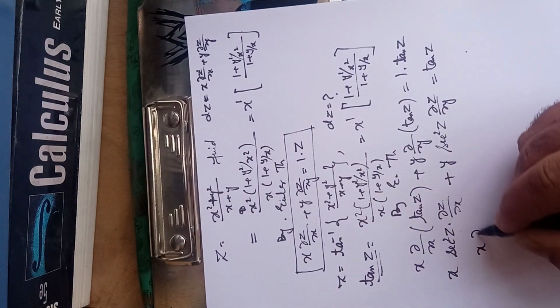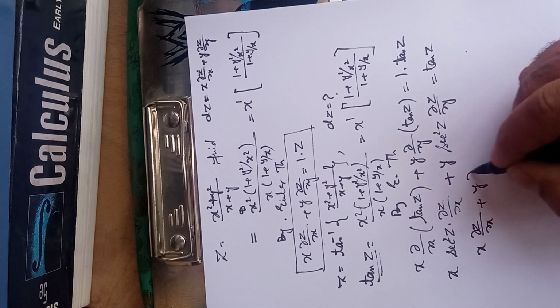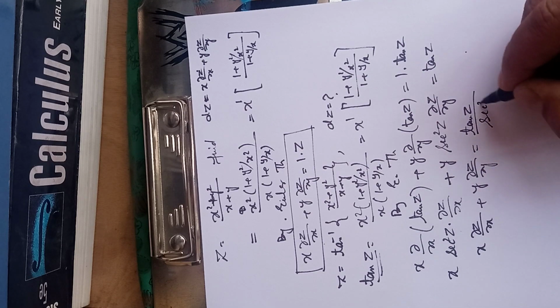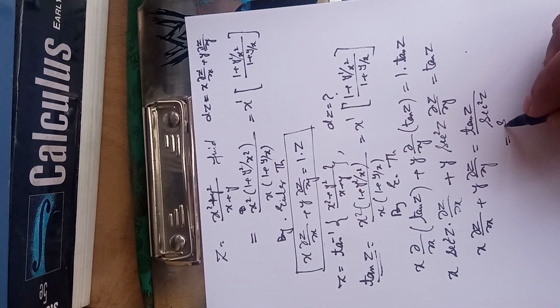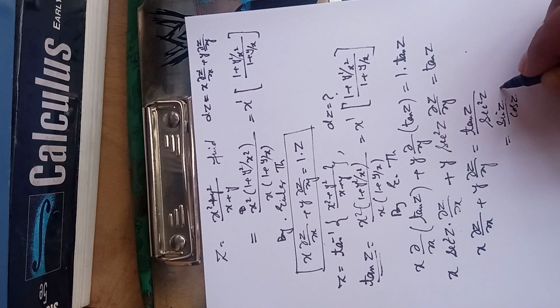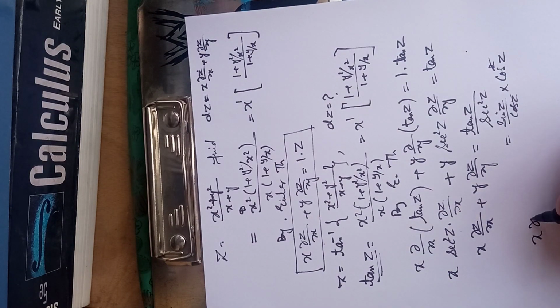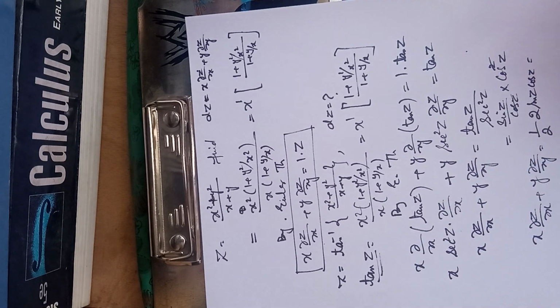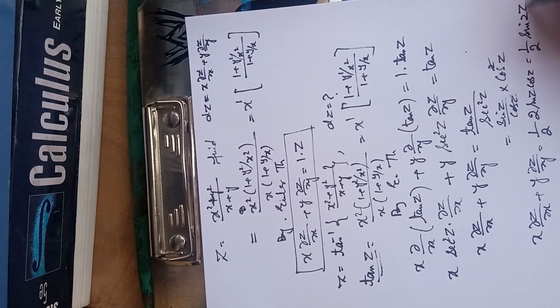So you have x del z by del x plus y del z by del y is equal to tan z by sec square z, which is sin z by cos z times cos square z. So x del z by del x plus y del z by del y is 1 by 2 times 2 sin z cos z, which is 1 by 2 sine of 2z. This is it.